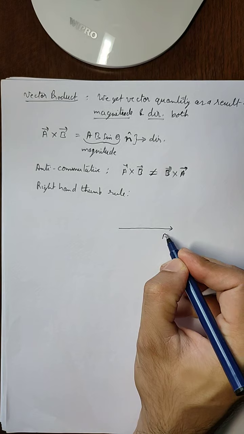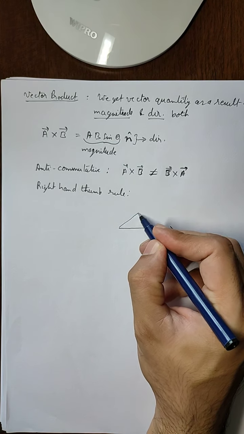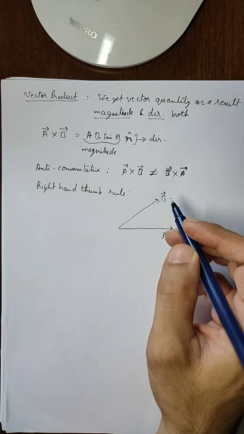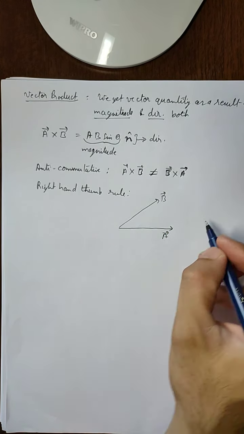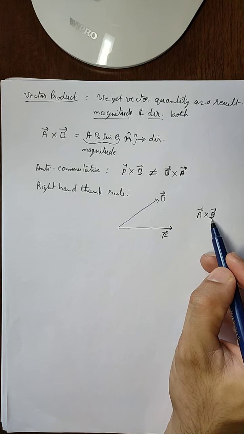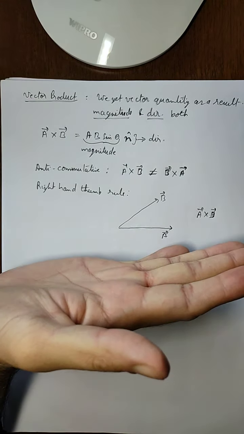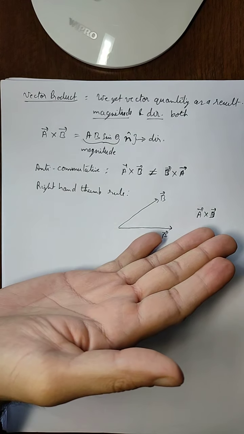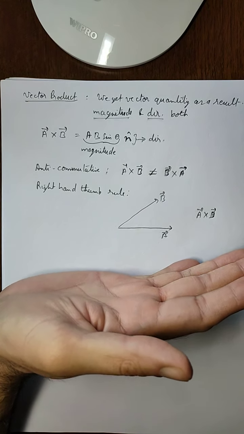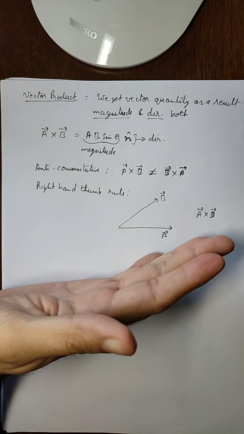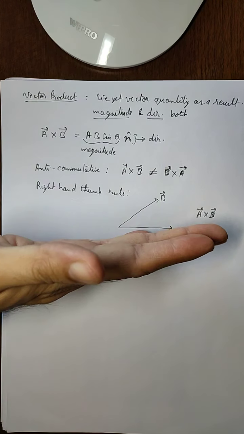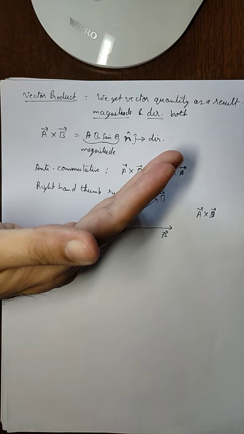So let us say this is vector A and this is vector B, and we are doing A cross B. That means we take our right hand, we put the fingers in the direction of A, and since we are doing A cross B, we curl the fingers from A to the direction of B. So we are going like this from here to this direction.